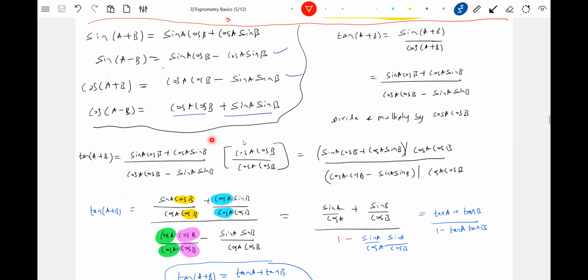Okay, this is the bracket term. Can we rewrite it in this form? Sin A cos B plus cos A sin B by cos A cos B.